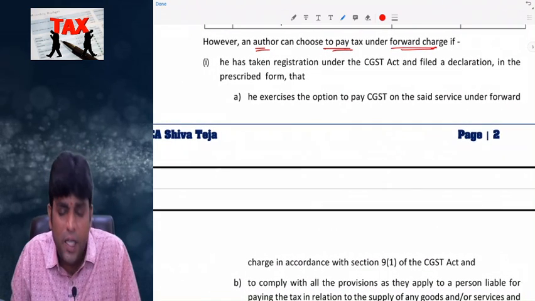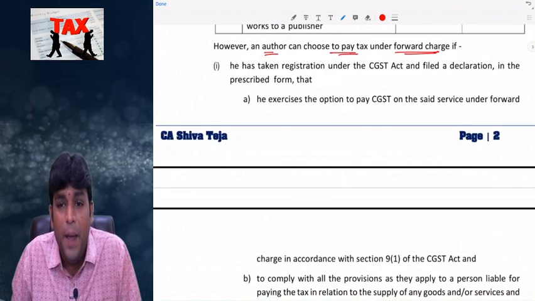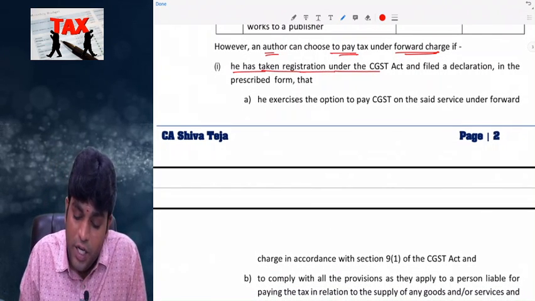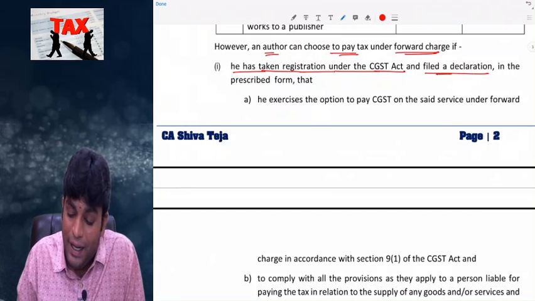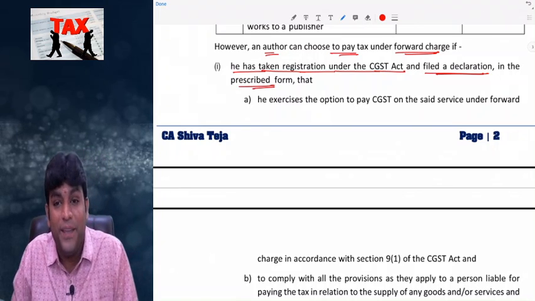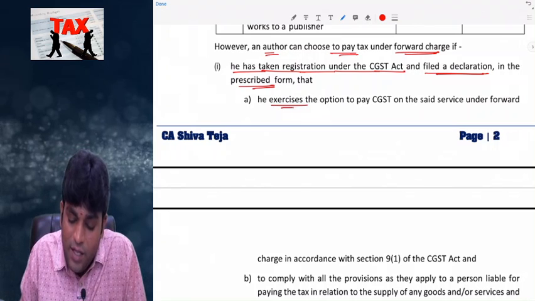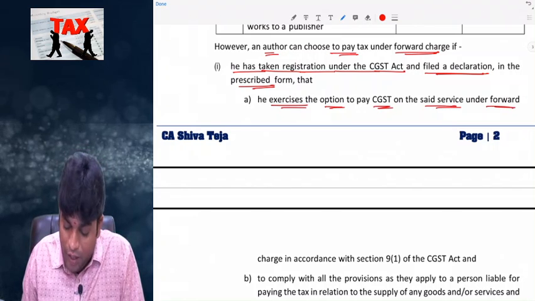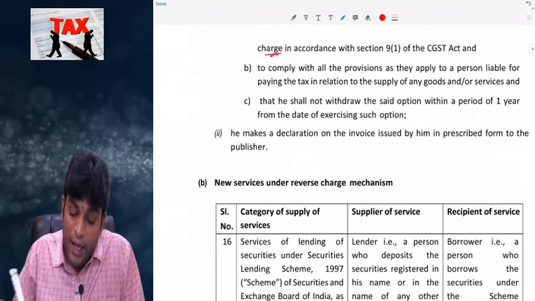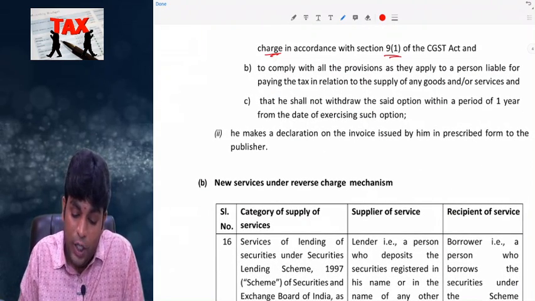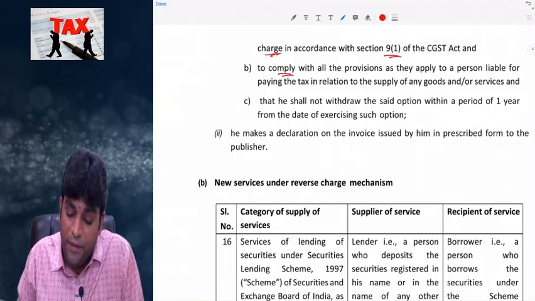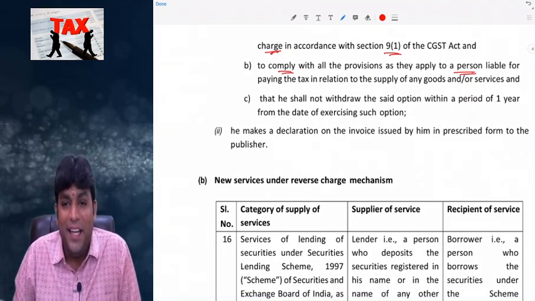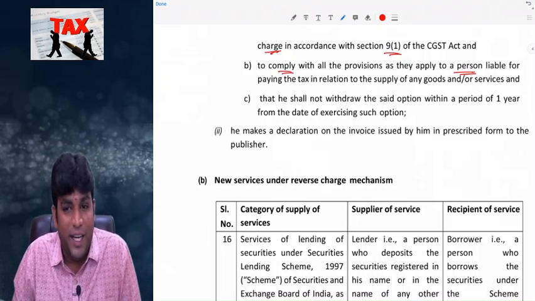Option is given to them, provided he has taken registration under the CGST Act and filed a declaration in the prescribed form that he exercises the option to pay CGST on the said service under a forward charge in accordance with section 9(1) and to comply with all the provisions as they apply to a person liable for paying tax in relation to supply of goods or services.